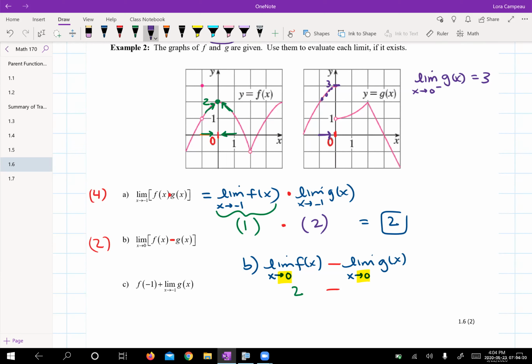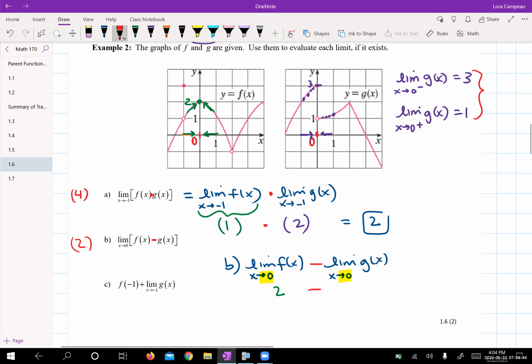But now if I look at this the other way, coming from the right-hand side, if I take the limit as x approaches 0 from the positive side of the same function, the corresponding y values appear to be dropping to 1. And if you remember, we spoke a little bit about section 1.5.